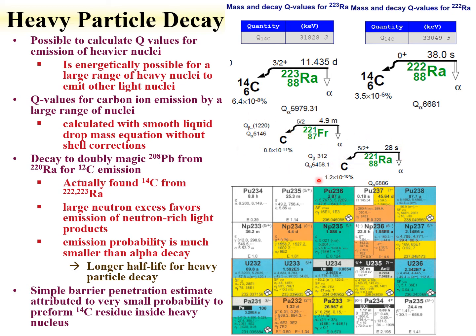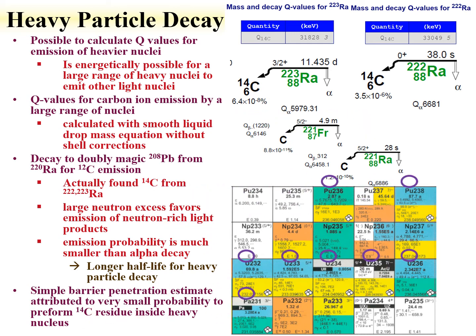As you see here, the actual A of the carbon isotope is not known for these emissions, but these emission probabilities are extremely low, and it indicates that there is a very long half-life for the decay of these heavy nuclei from these isotopes. One way to model the half-life is through a simple barrier penetration estimate, and the long half-life is attributed to the small probability of preforming the carbon-14 residue inside the heavy nucleus.